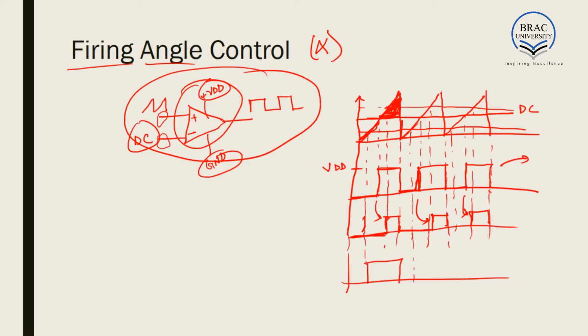As a result, the starting point of the pulse changes, and depending on the starting point of the pulse, if this is the alpha, here the alpha is large, here the alpha is medium, and in this case the alpha is low. So we can see that the value of alpha can be changed by changing the DC value, and this is done in practical applications when we want to control firing angle.